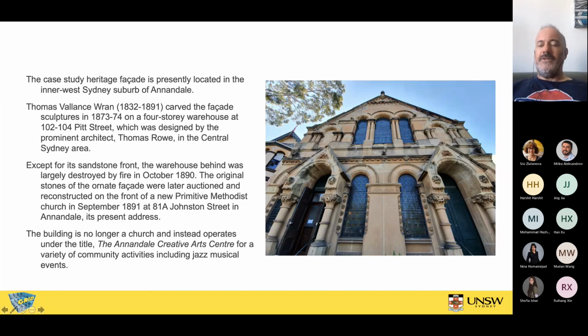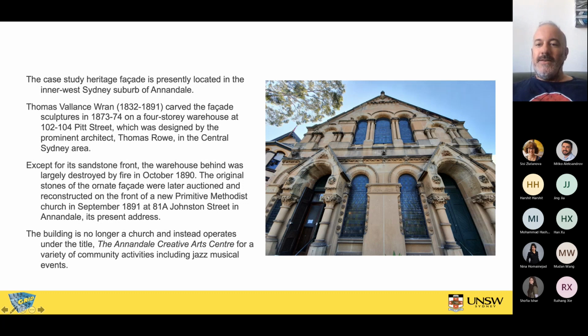It was originally built in George Street as the front of a warehouse. Then that warehouse burnt down in the late 1800s, and they relocated it to what became a church. Now it's no longer a church. It's actually where they have jazz gigs in a community centre.